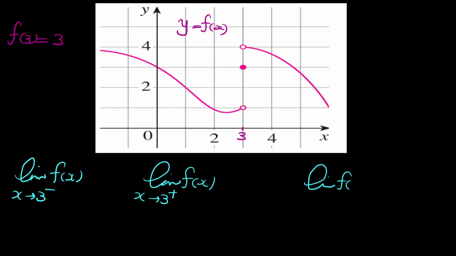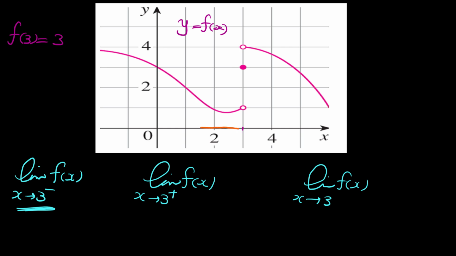And when x approaches 3 from both sides? When x approaches 3 from the left, we go toward point 3 from the left side, following the curve. Follow this curve and pay attention to the y values of the function when we are so close to 3 from the left side.